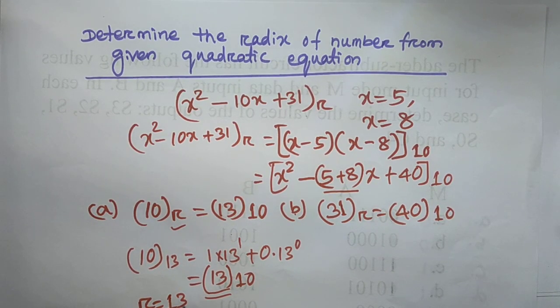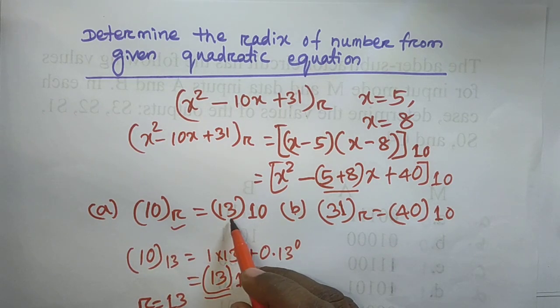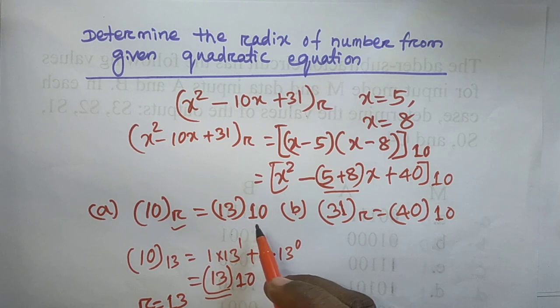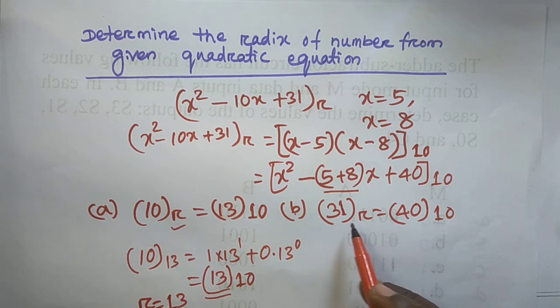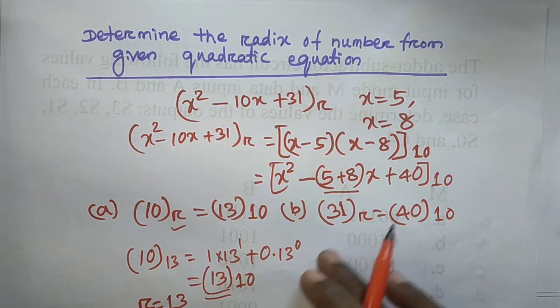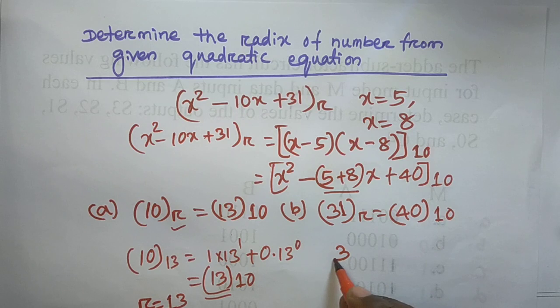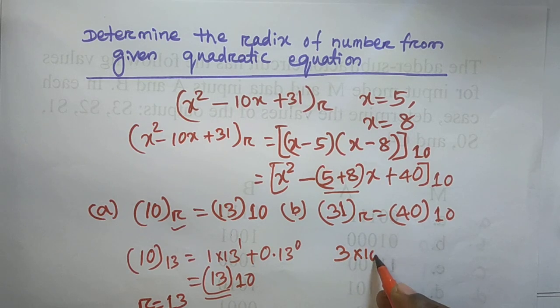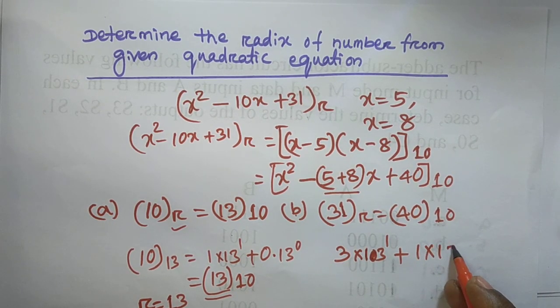You can check any other values. Now test the second case with 13. 31 means 3 into 13 to the power 1 plus 1 into 13 to the power 0.